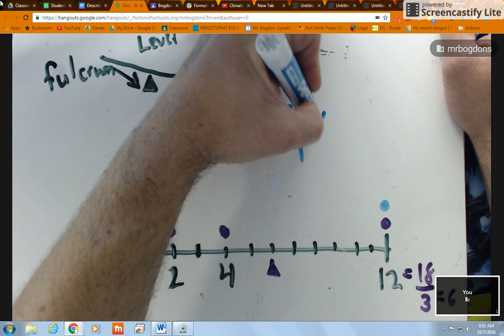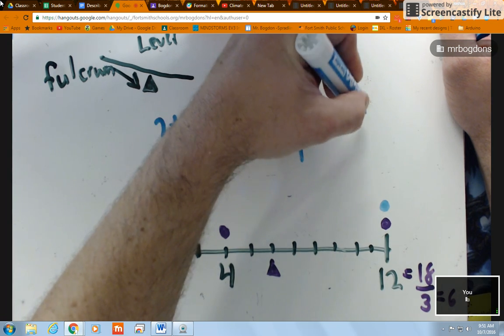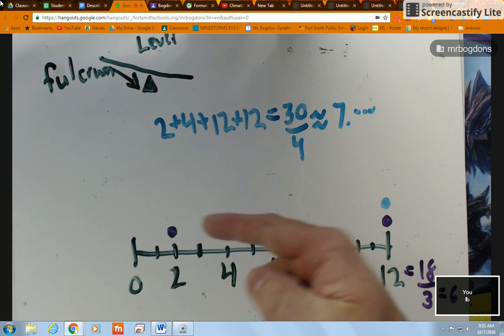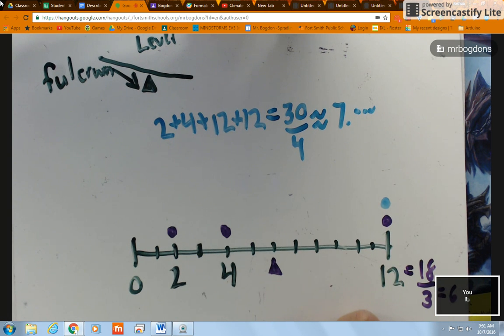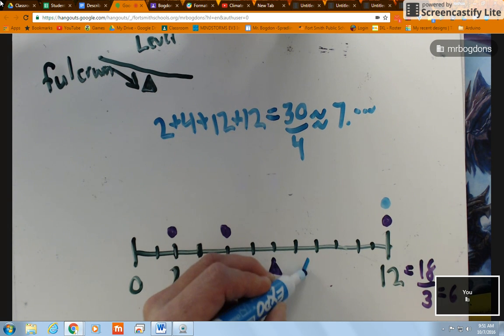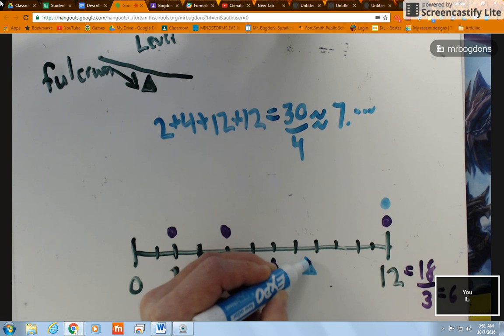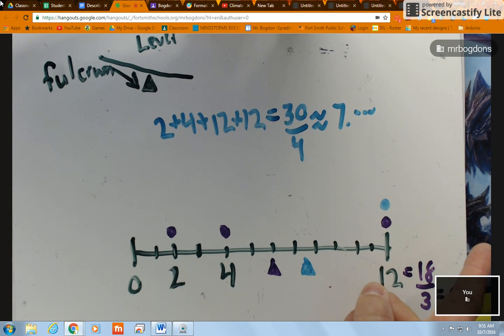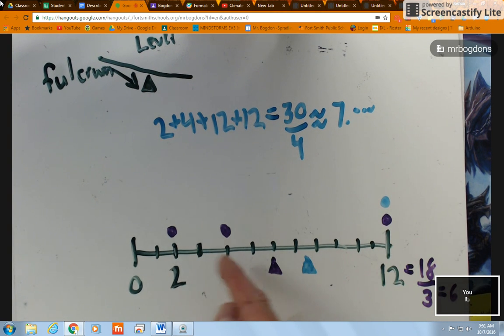It's going to be about 7 point something. So did my balance point move more towards the heavy numbers or more towards the lighter numbers? My new balance point had to move this way, guys. There's an equal amount of numbers here to the numbers there. We're going to have to beat this into the ground, I can tell.